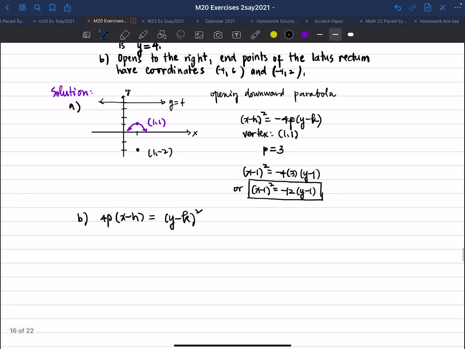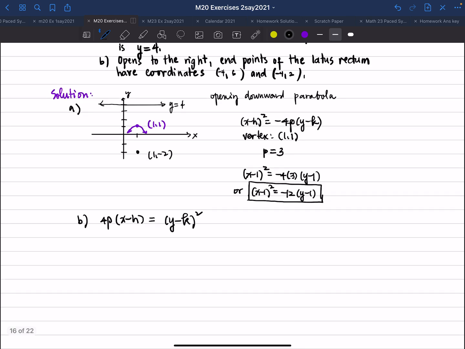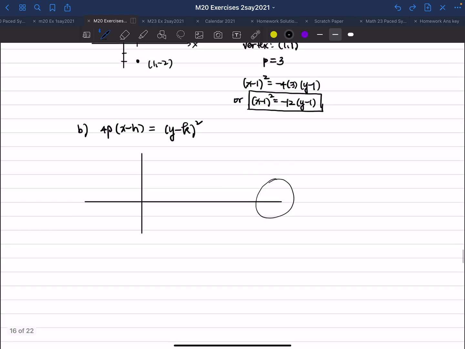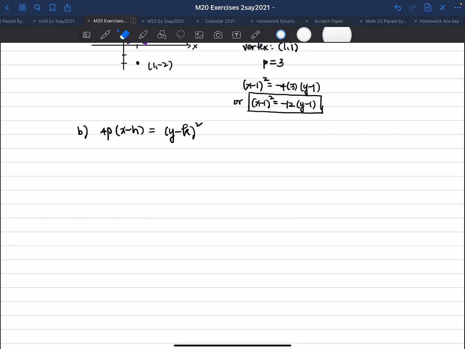Okay, let us find this (h, k). So let us sketch the graph. I mean, just a rough sketch of the graph. Negative 4, 6. I need space. Where is negative 4, 6?